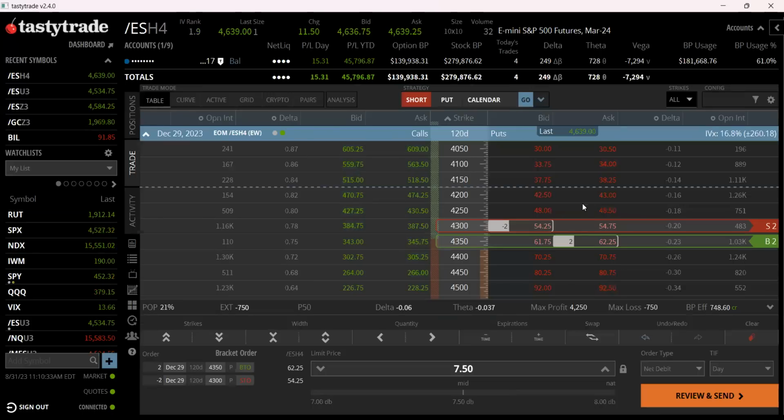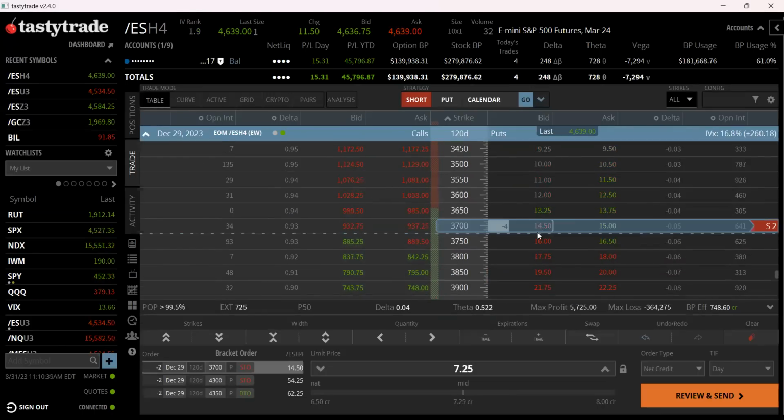Okay, and I'm going to enter this, and you guys can see exactly how I'm doing that. But you can see this particular trade here that I put on. I have the 3,700, 43, 43.50. Going to reshare. Okay.